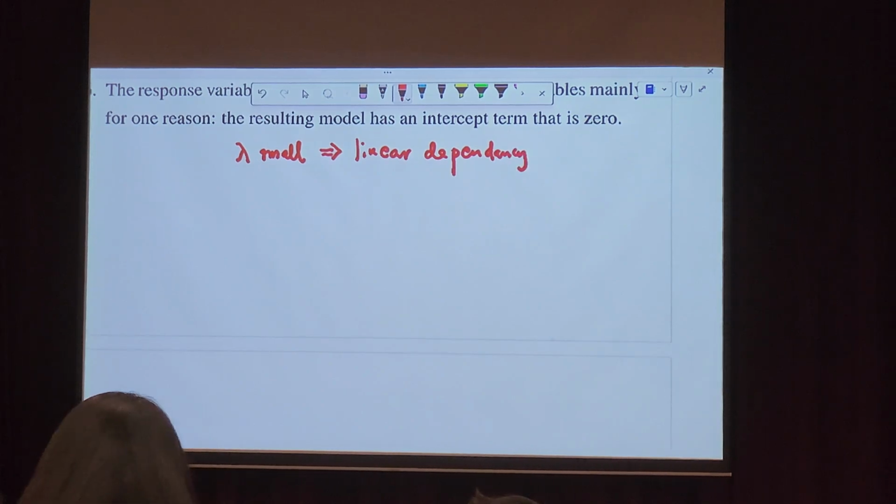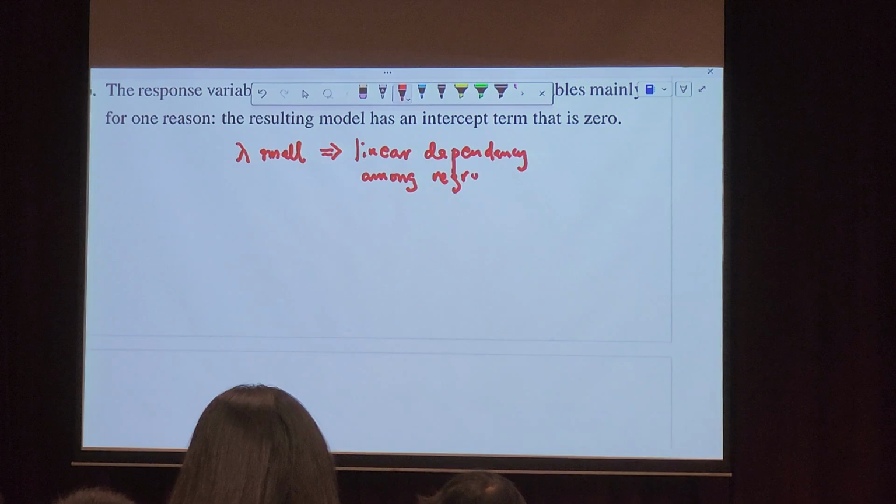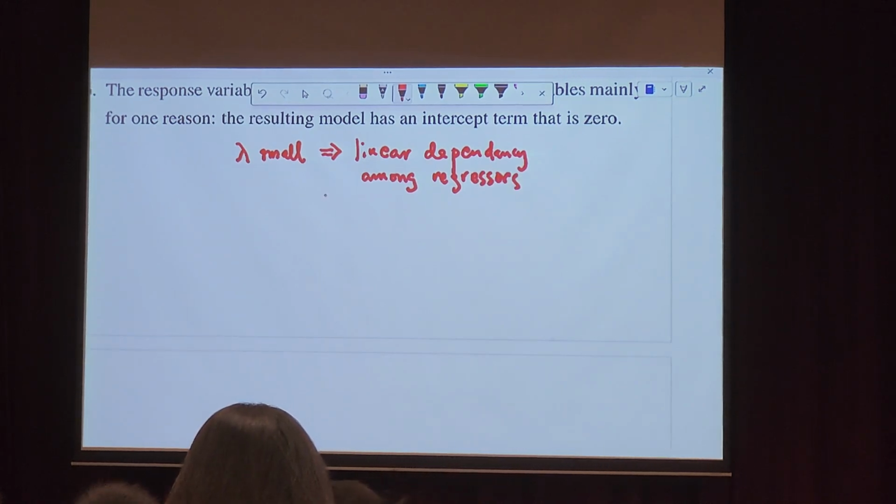Do I get it right? So this is correct because we proved it. Now the question is, is the converse correct or not? If there's linear dependency, will an eigenvalue or some eigenvalues be small? Well, I say yes.